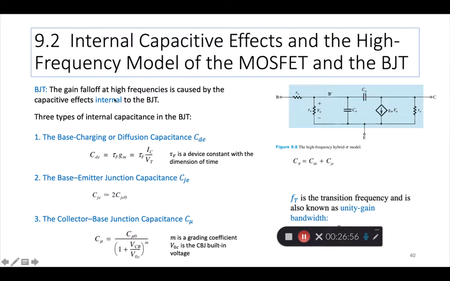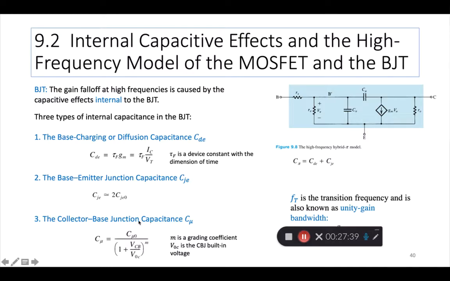Okay, so the gain fall off at high frequencies is caused by the capacitive effects internal to the BJT. There are three types of internal capacitances in the BJT. The base charging or diffusion capacitance, CDE, which has this formula with a tau, and tau is a device constant with the dimension of time, and then IC by Vt, which is Gm. The base emitter junction capacitance, CJE, and we know you add these together, you get the C pi. But this base junction capacitance is twice of something called CJE0, which is like a constant for the device.